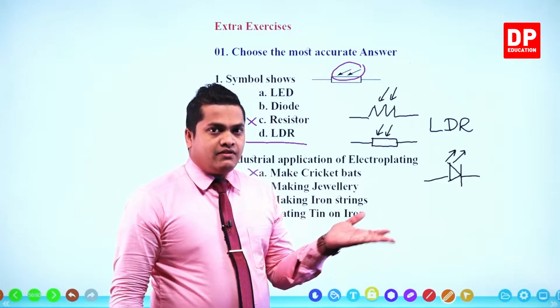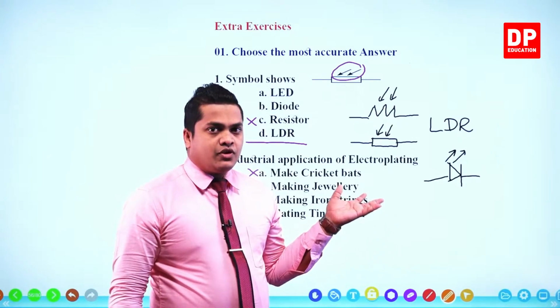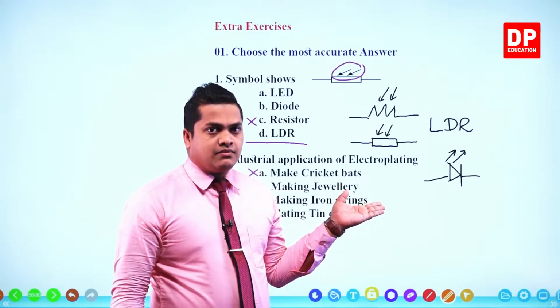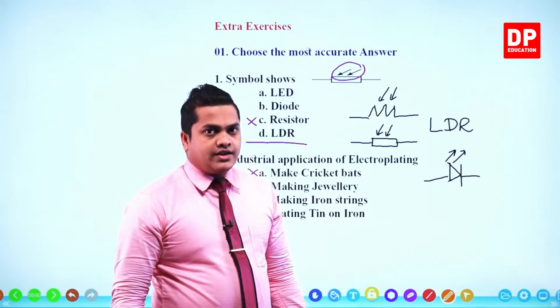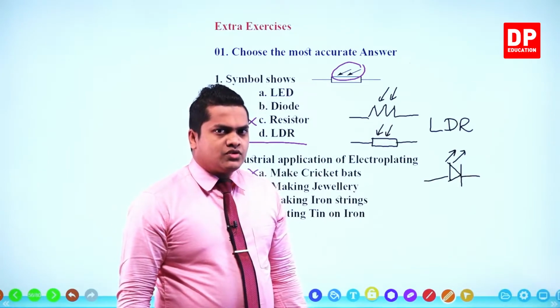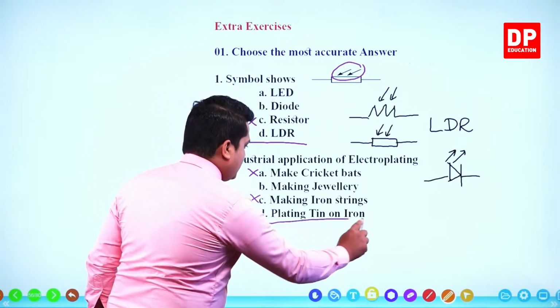So we can't take that answer. Most of the time, if you are given such a question, you definitely go for making jewelries. However, it is incorrect. So you have to select the most suitable answer here. The most suitable answer for this question is plating tin on iron.